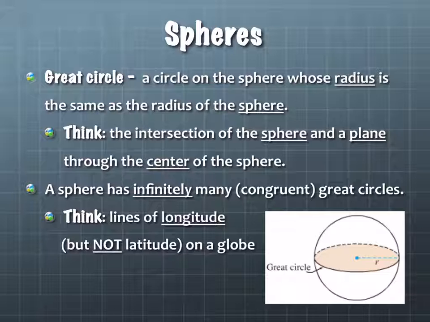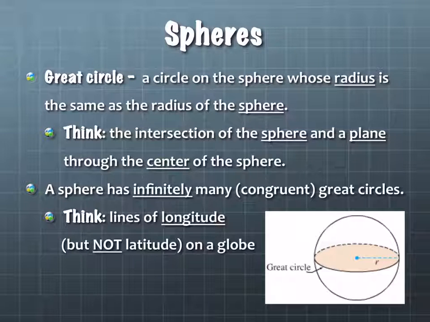All right, a sphere. A few details about a sphere. We have something called a great circle, and a great circle is a circle on the sphere whose radius is the same as the radius of the sphere. How many great circles are there? There are infinitely many great circles for every sphere.